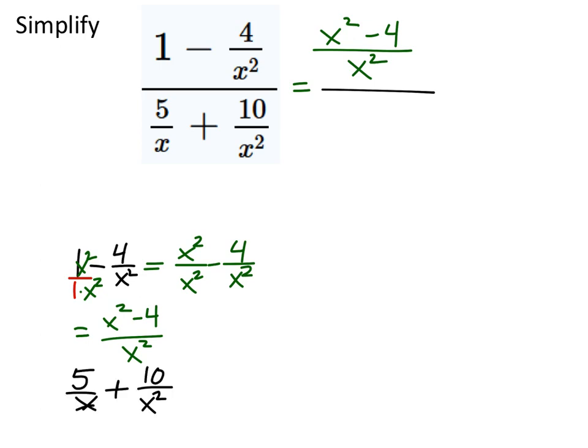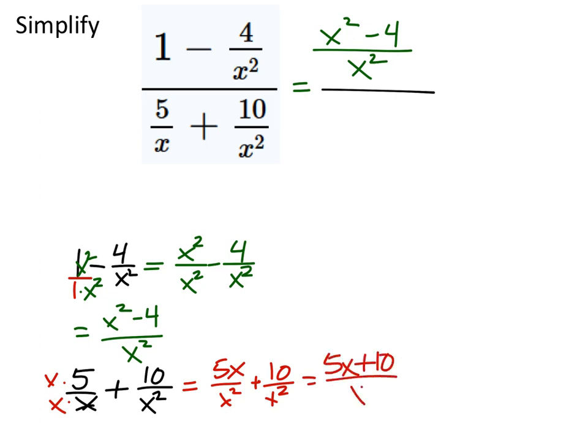So the x squared means I'm missing an x from this left side here. So that ends up being 5x over x squared plus 10 over x squared. And that's going to equal 5x plus 10 over x squared. And that's my denominator up here.